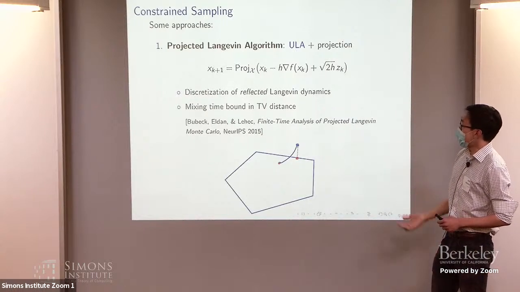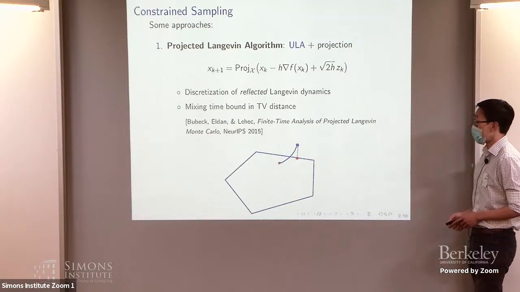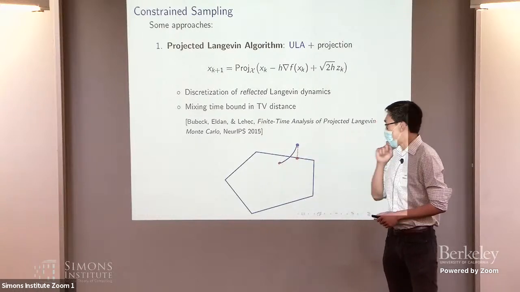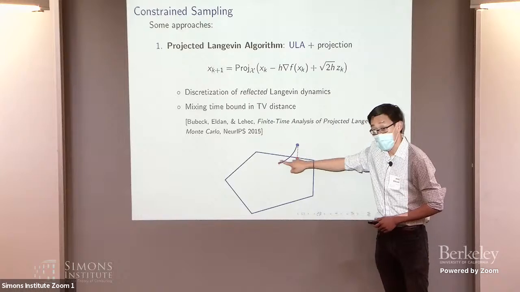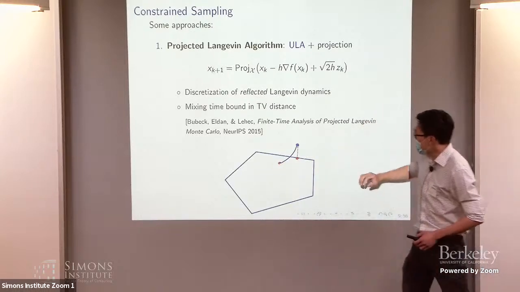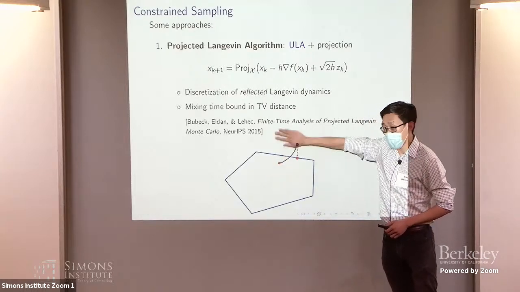And you can analyze this, and there is a mixing time bound, for example, in the work by Bubeck et al. But in some sense, this is not very satisfactory because we really do not want to go outside at all. What happens if we want to stay inside at all times? So another idea is to impose a metric on the space such that we cannot go outside at all.